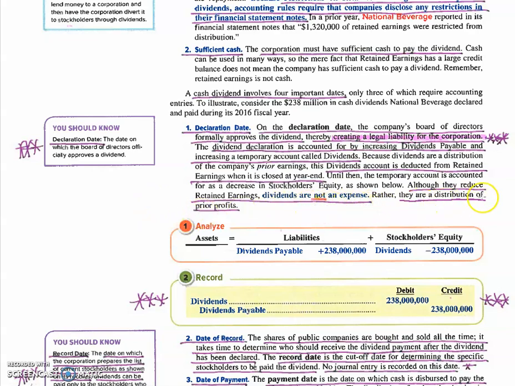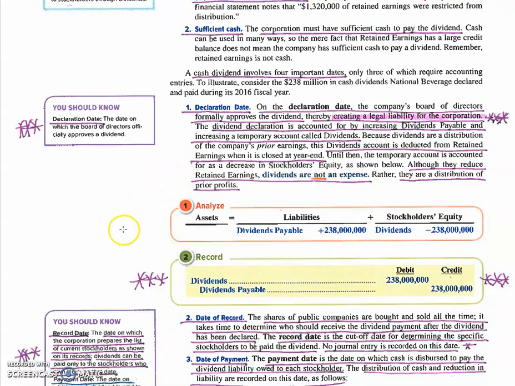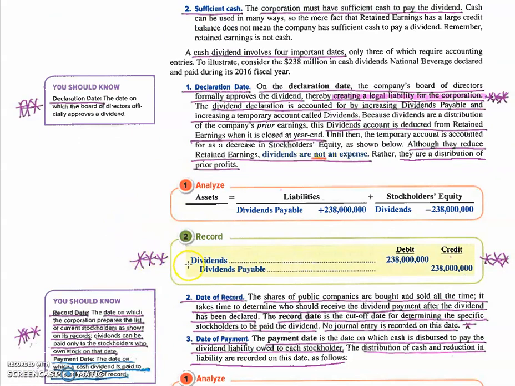Remember, they are a distribution of profits, not a factor in determining profits. So on the declaration date, we make an entry debiting dividends, which is a contra owner's equity account, and crediting a liability, dividends payable.